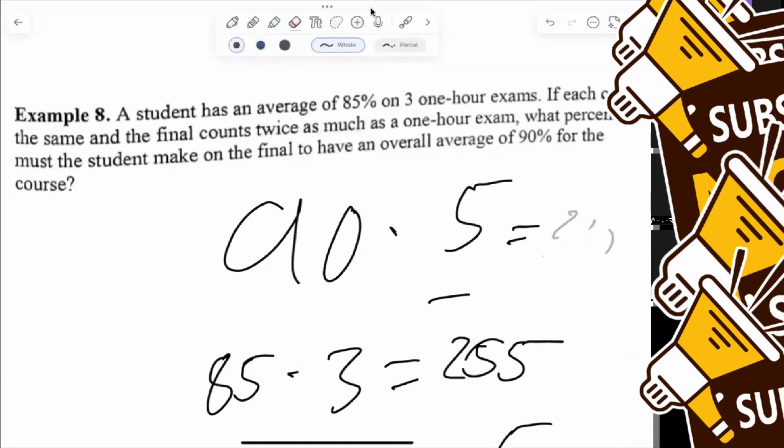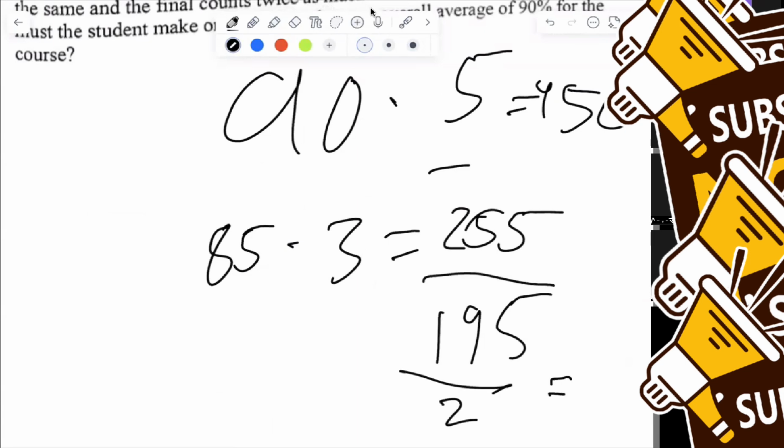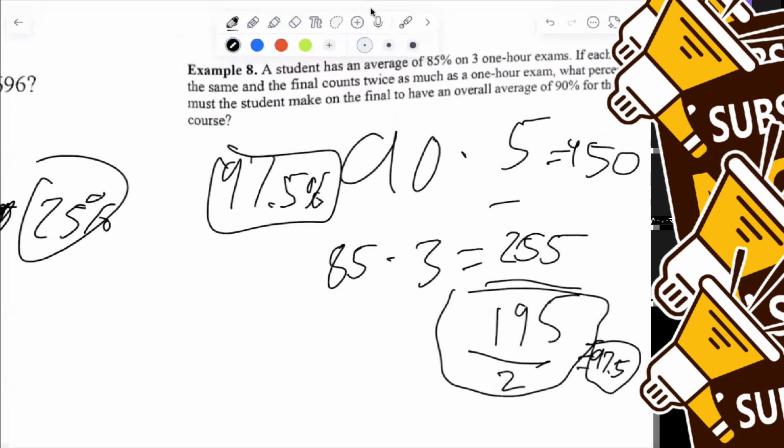And this gives you 450. 450 minus 255 gives you 195. 195 divided by 2 equals 97.5, because it counts twice as much. So the answer to this question is 97.5% is the minimum.